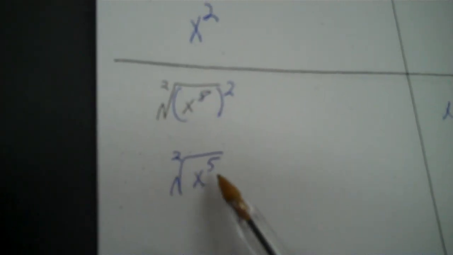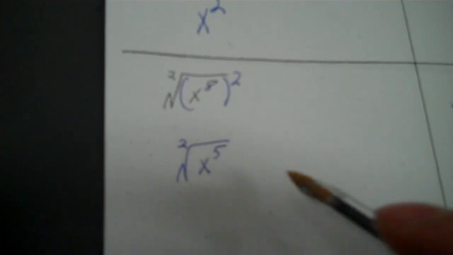Just rewrite the problem. And here's what you do about simplifying that. You're going to write x times x times x times x times x, because it's 5. And you're going to put this radical, you're going to split up the radical so it only covers 2 of them at a time, because it's a square root, it's a 2. And every time it covers 2 of them, I bring an x up.